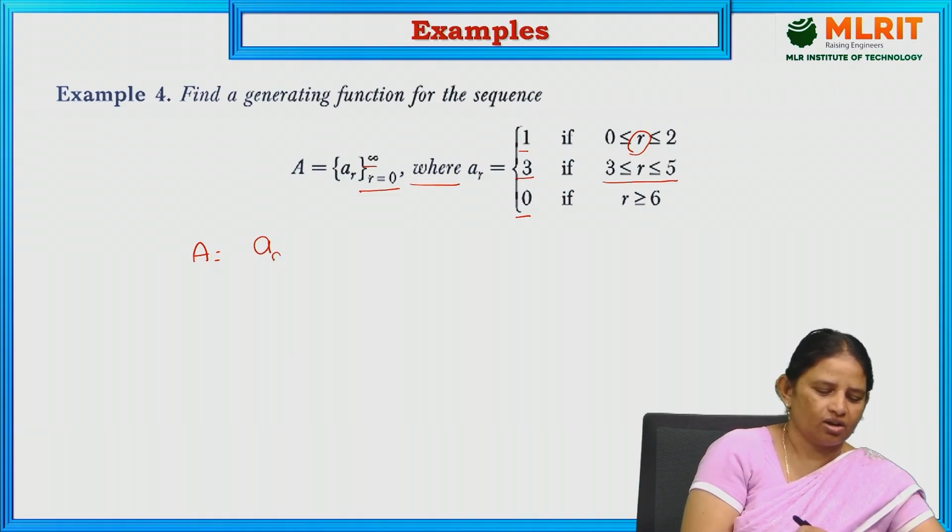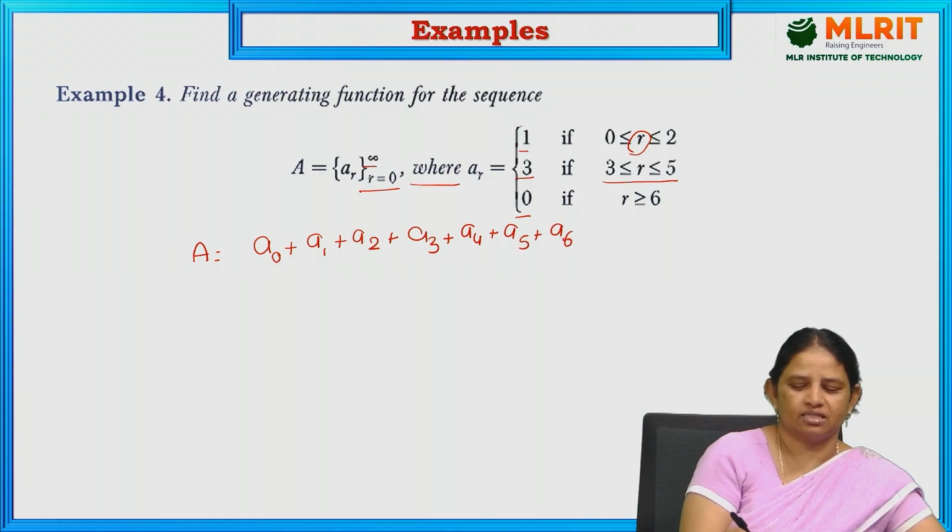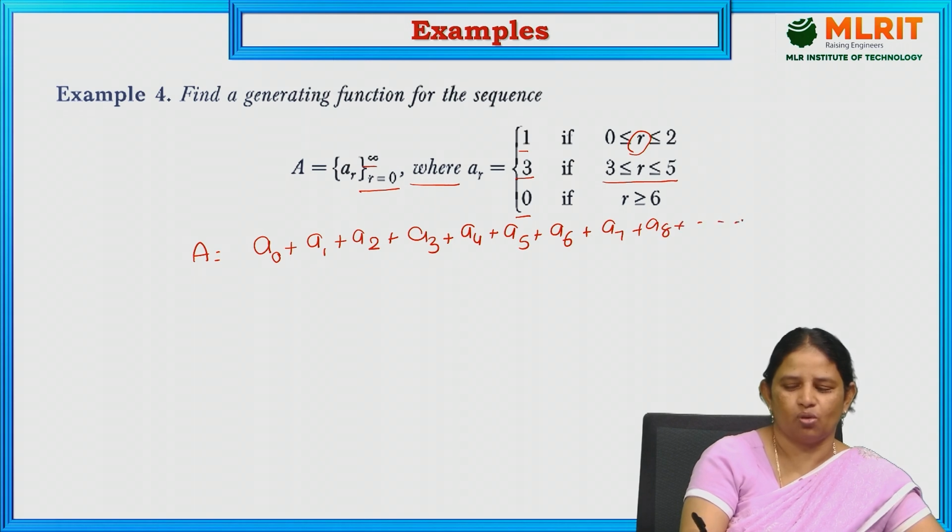That means a_r is a0 plus a1 plus a2 plus how many terms? Up to infinity terms: a3 plus a4 plus a5 plus a6, a7, a8 and so on.